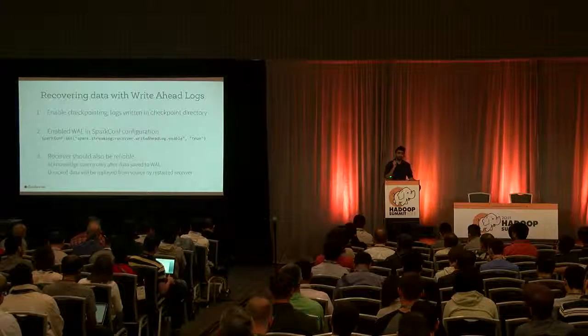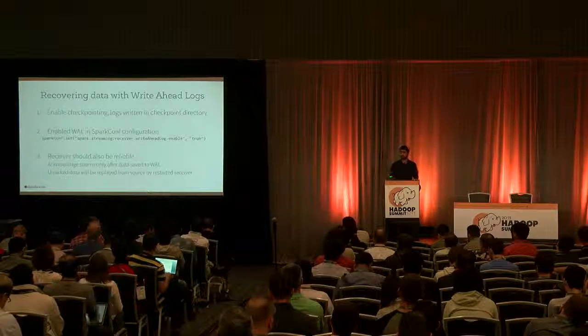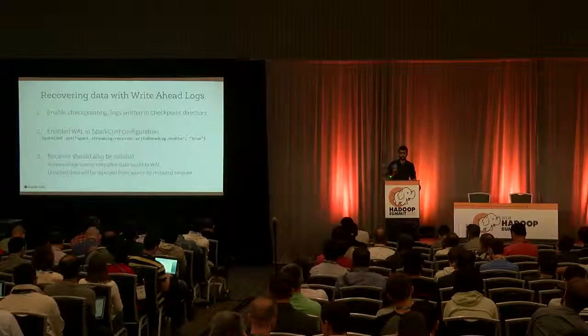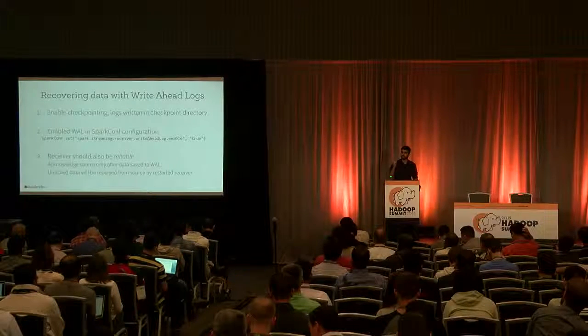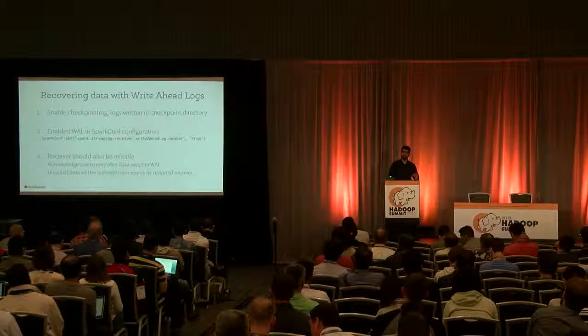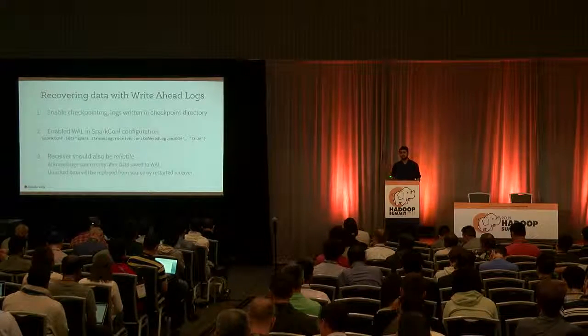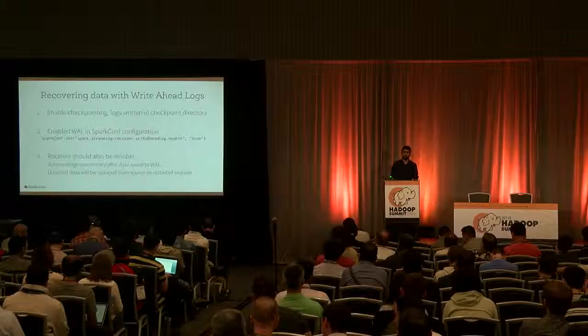And also the receiver that you write, you can actually write custom receivers, but all the inbuilt receivers are also made to be reliable. By reliable, what I mean is that the receiver must acknowledge to the source that the data has been received only after the data has been synchronously written to the write-ahead log.